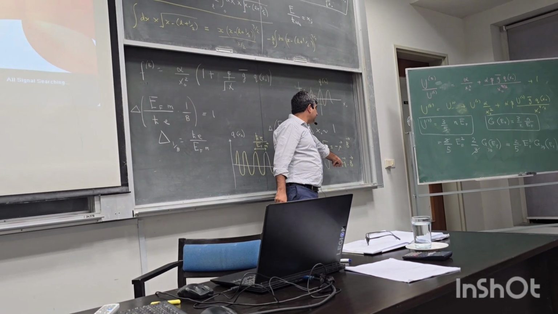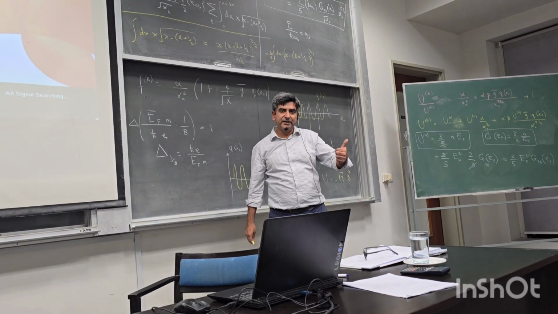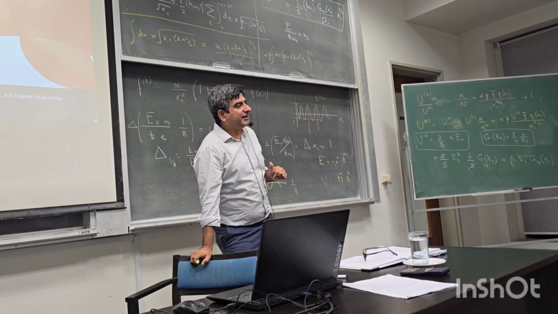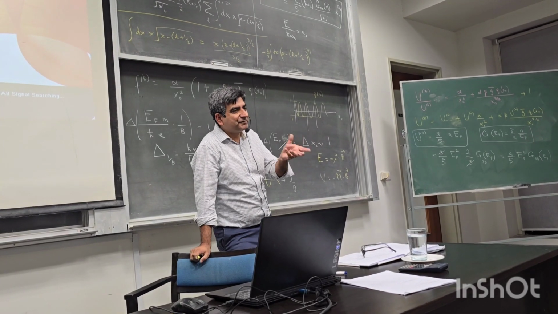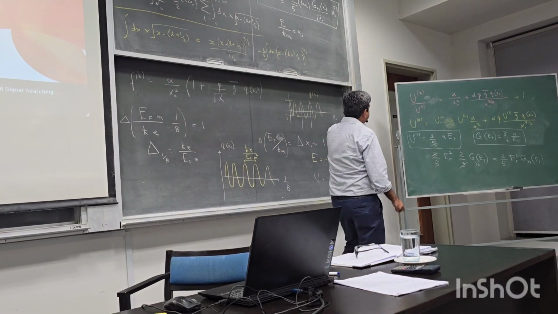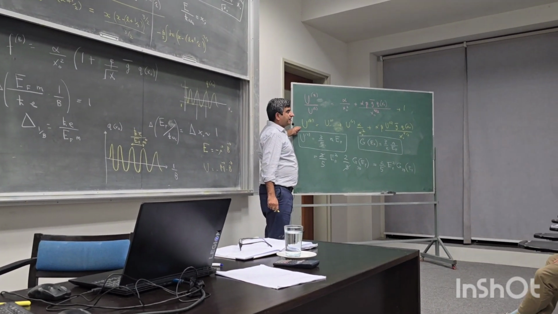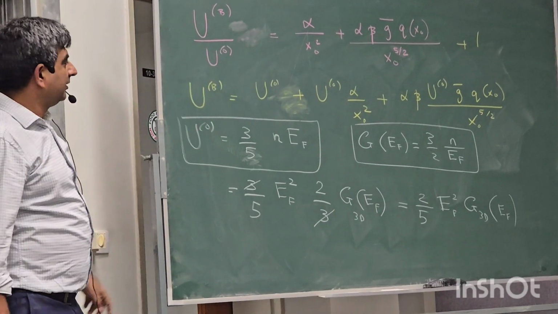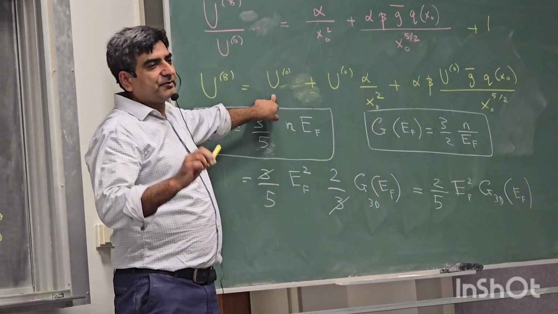So in order to calculate the magnetization, you can take the derivative of the total energy with respect to B. That change in the energy with respect to the magnetic field will give you the magnetization. So if I take this expression and differentiate it with respect to B, I'll get the magnetization. This is the unperturbed energy in the absence of a magnetic field.